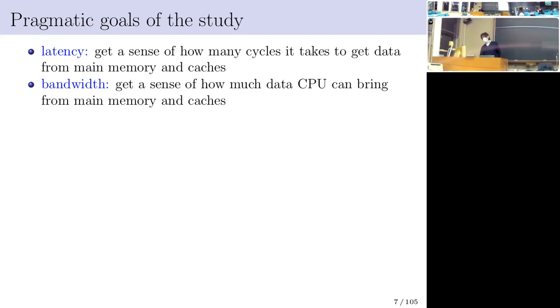Bandwidth is about how much data you can move from main memory to the CPU in a given amount of time. For example, if you send a lot of data in parallel between CPU and memory, then you get the bandwidth, but not necessarily low latency.